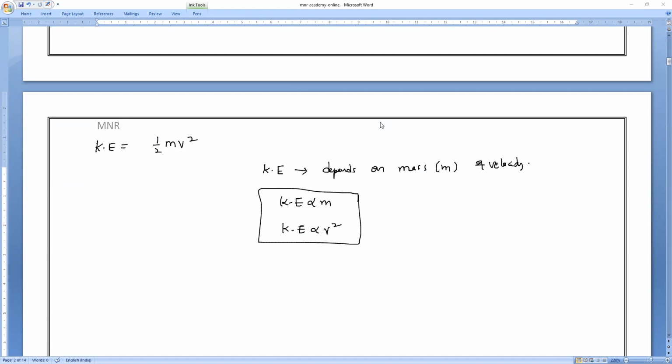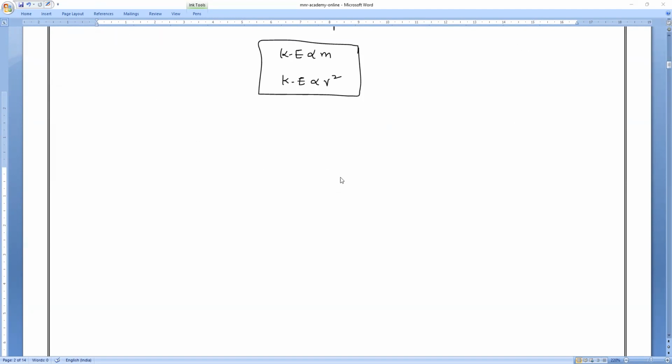Now, first, which do you want: mass constant or velocity constant? Mass. Yes. If I take mass constant, then the kinetic energy graph will come. Or you can take velocity, let it be. Generally, mass only you want.